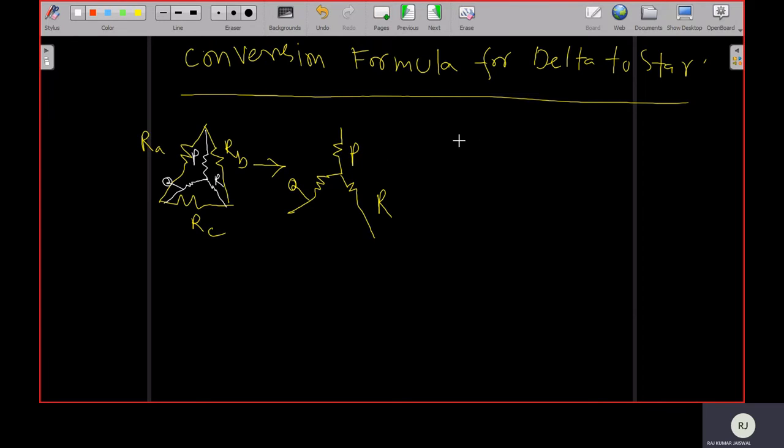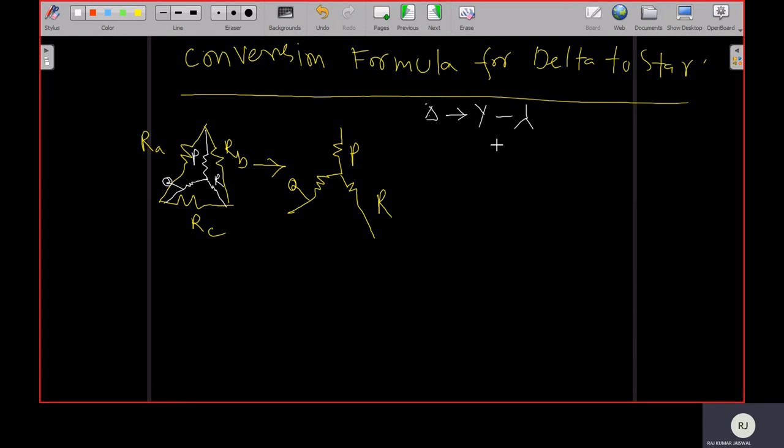How will you calculate P? Now what you are doing is converting small to large. We should remember from where to where we start.